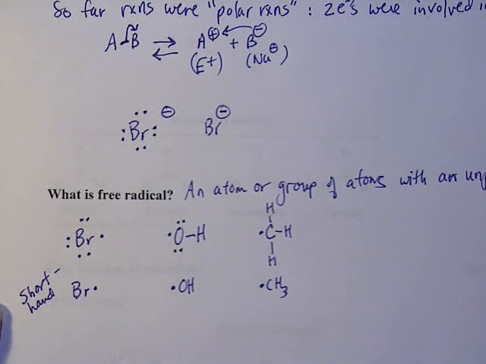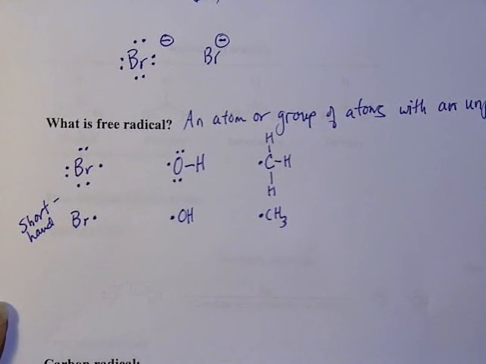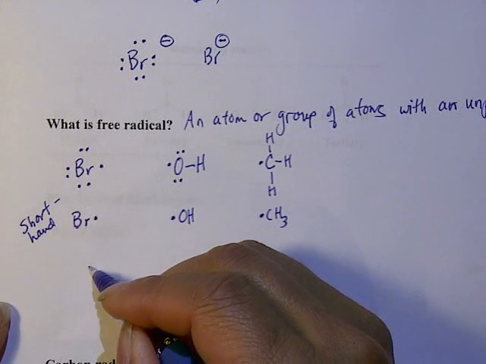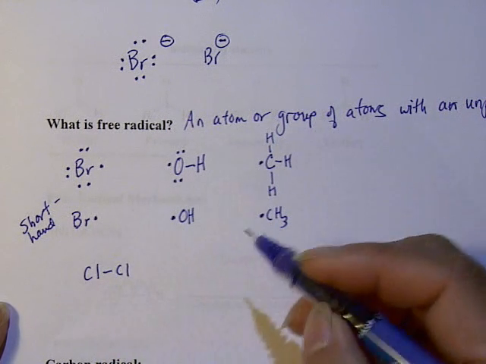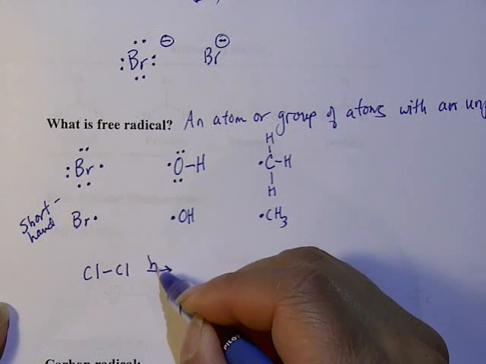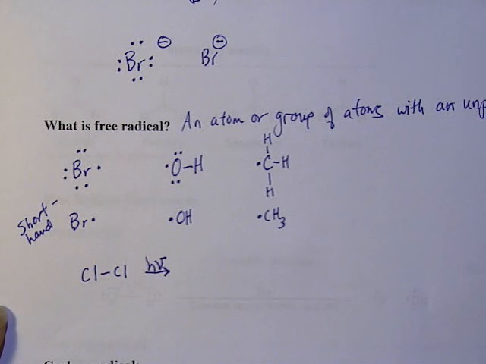All right. So in showing electron movement, for example, forming free radicals usually happens when you have something to cleave it, and a lot of times the UV light is strong enough to do that.